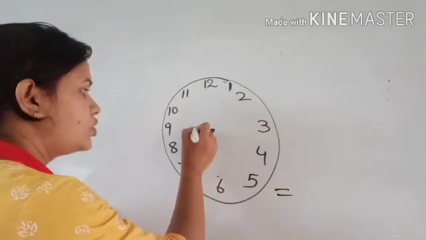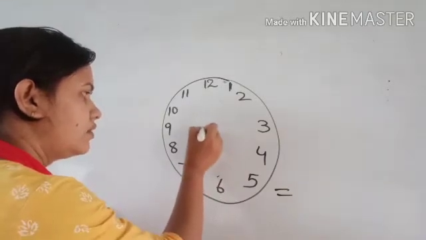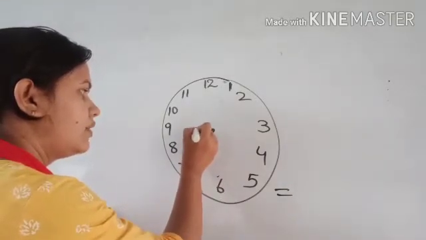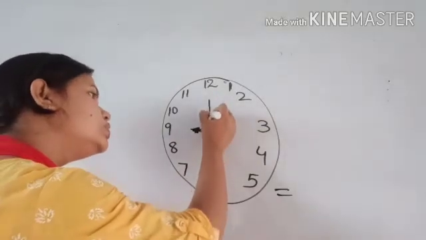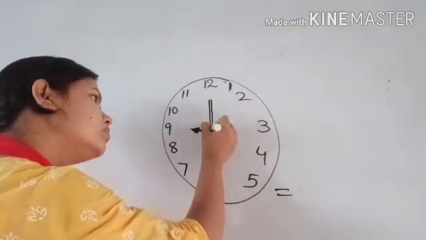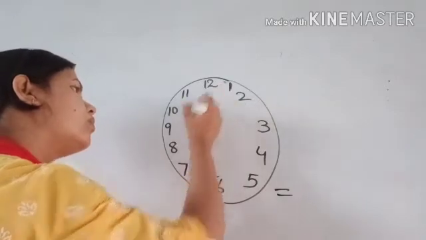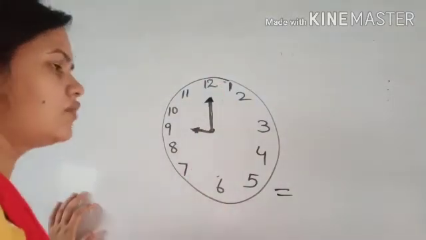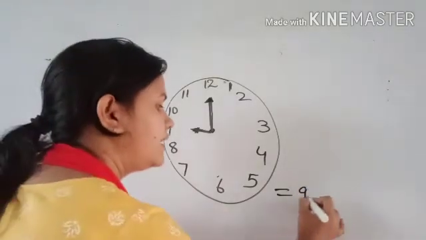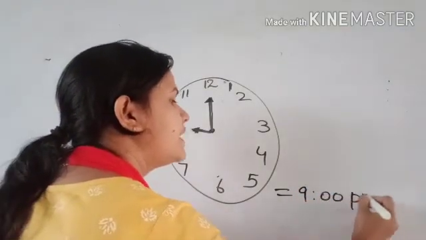The short hand goes to 9, and the big one goes to 12. So you can see that you are taking your dinner at 9 o'clock PM.